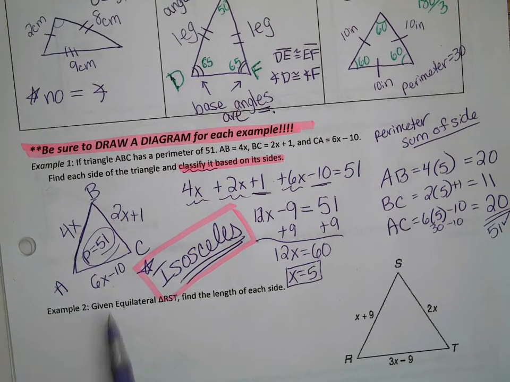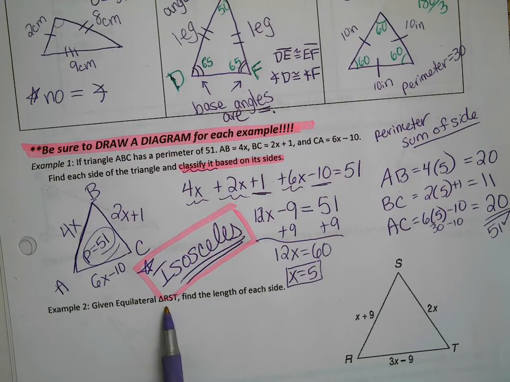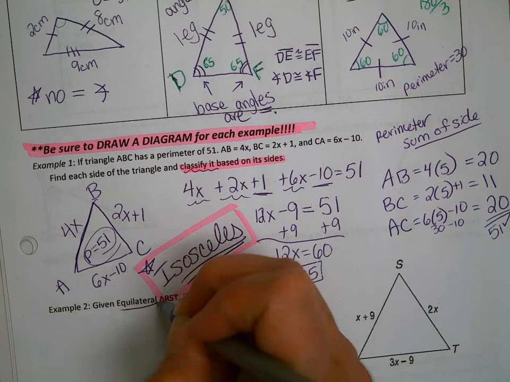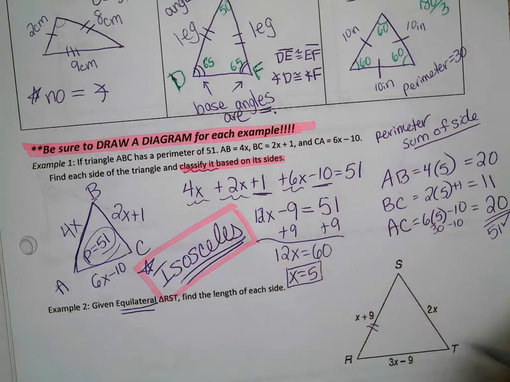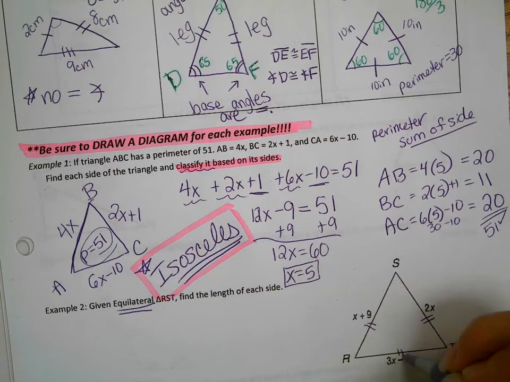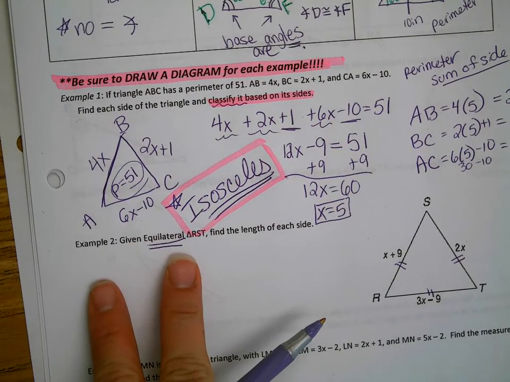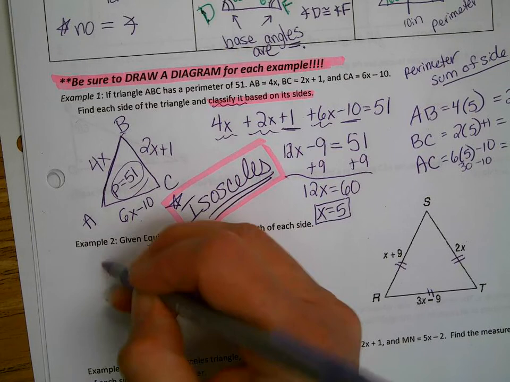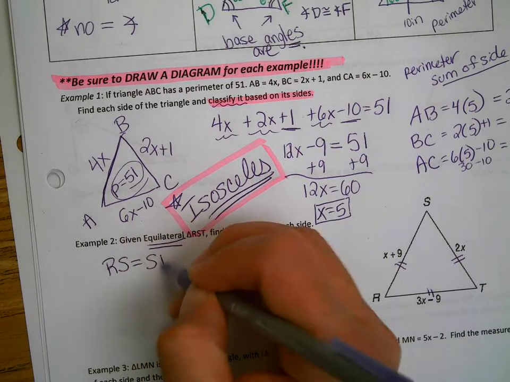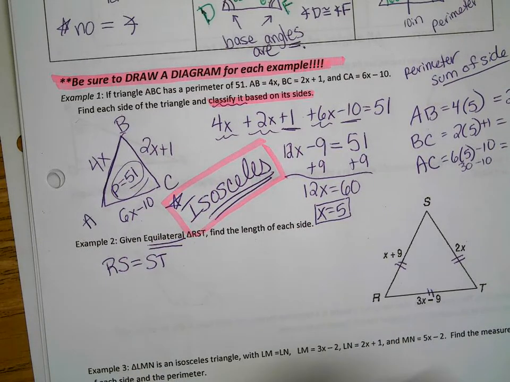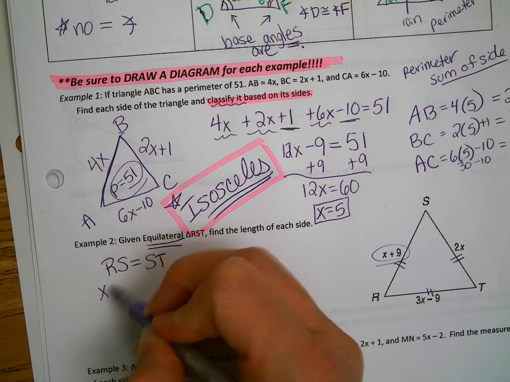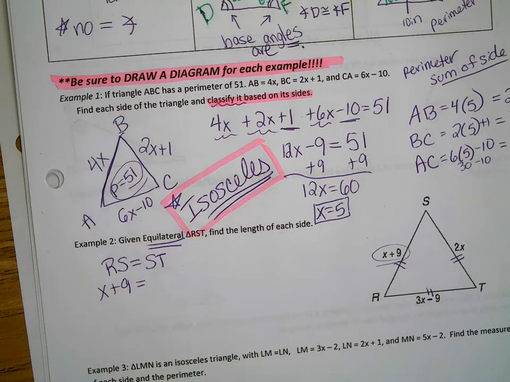Example 2. Given equilateral triangle RST, find the length of each side. Well, knowing it's equilateral, we know that this side equals this side equals this side. Now, we can only make an equation by setting two things equal at a time. So we know that RS equals ST. So if RS is x plus 9, we're going to put that in for RS.